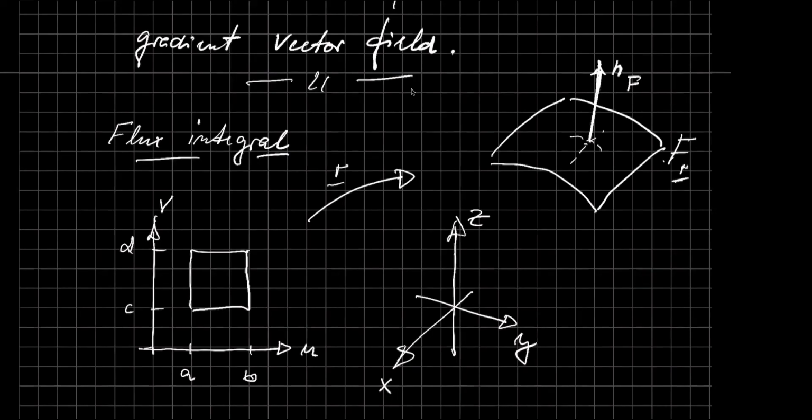So this is n, the normal vector, and also you have at any point in space, and in particular on the surface, a vector field.